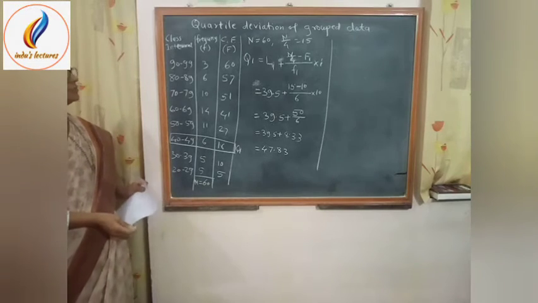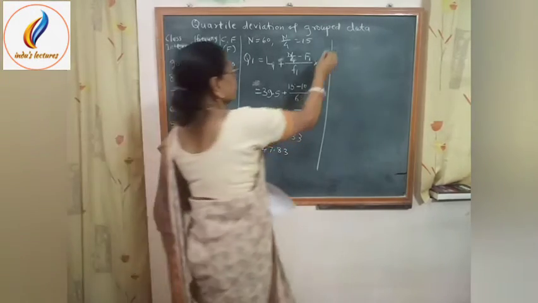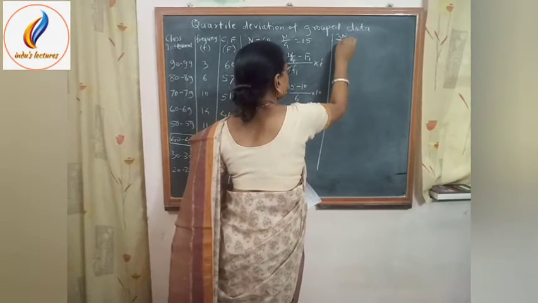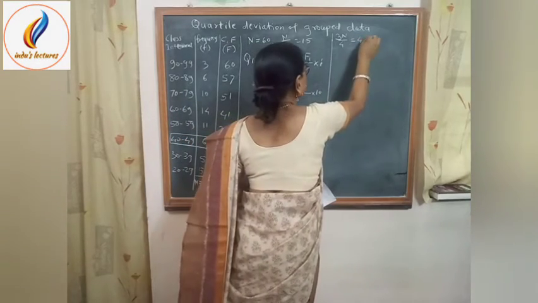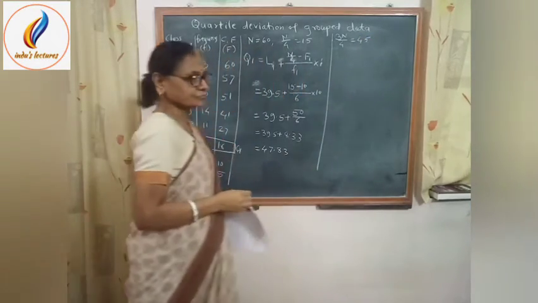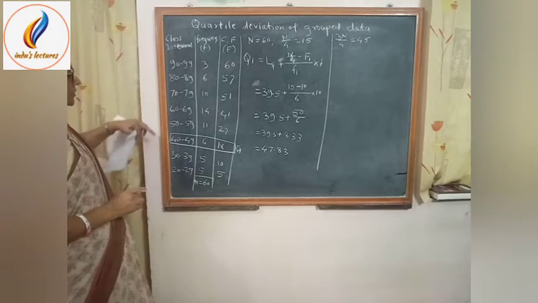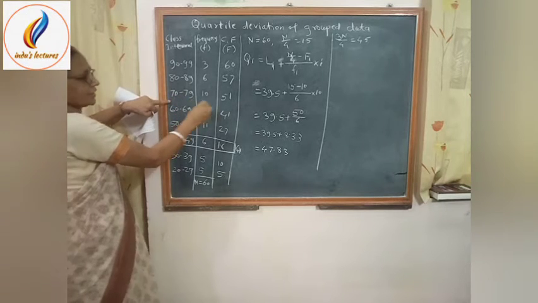Now we calculate the third quartile. So consider the cumulative frequency 3n by 4. 3n by 4 is equal to 45. Now 45 is a cumulative frequency in the class interval 70 to 79.